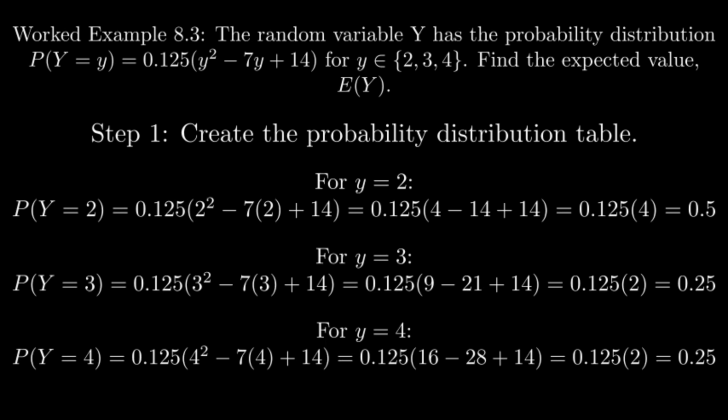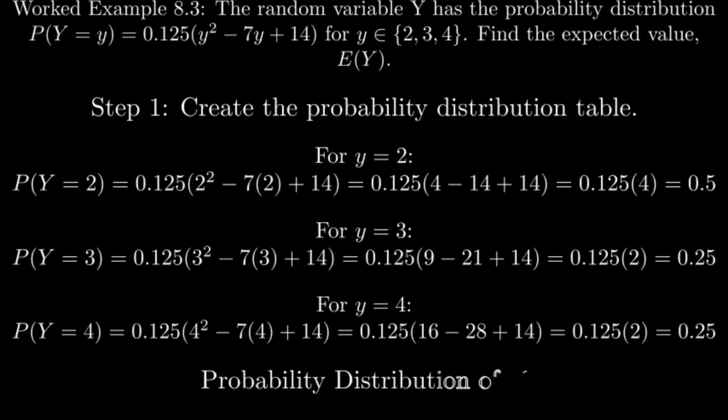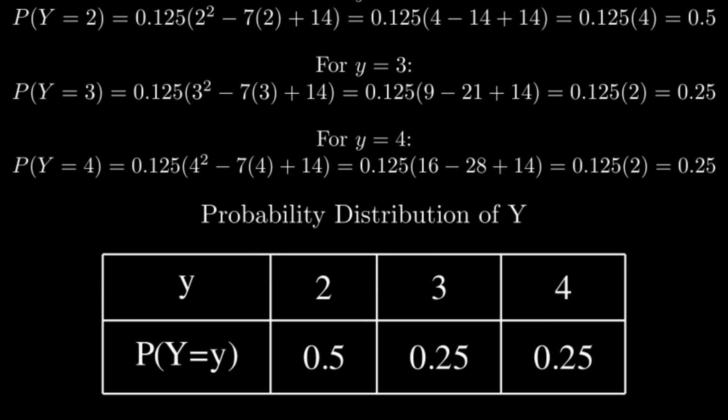And for y equals 4, we plug in 4: 0.125 times the quantity 16 minus 28 plus 14. This also gives us 0.125 times 2, which is 0.25. Now we can put these values into our table. Here's our completed table. Notice that the probabilities 0.5, 0.25, and 0.25 add up to 1, as they should.